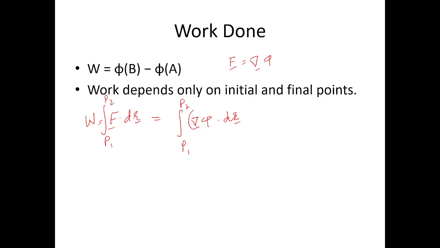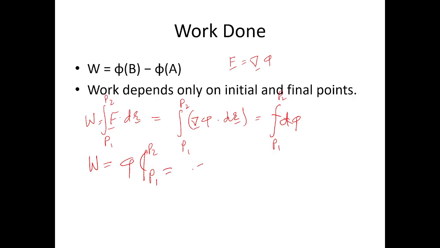Now we see that this is totally equal to, you have to work on it. I am writing it directly, or ask if you do not find it. This dot product is totally d phi. So d phi, that is the work done. D phi means the integral and differential cancel. We get phi from P1 to P2.